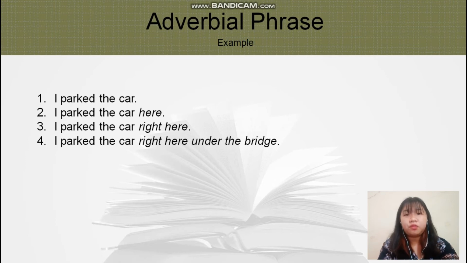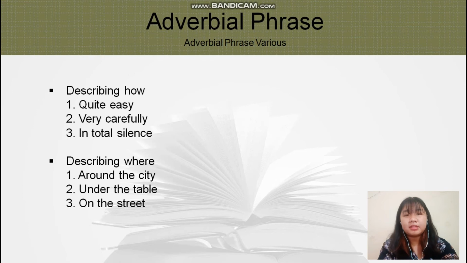So, let's move to the adverbial phrase describing how. For example, quite easy, very carefully, in total silence. Adverbial phrases which describe where, for example, are around the city, under the table, on the street.